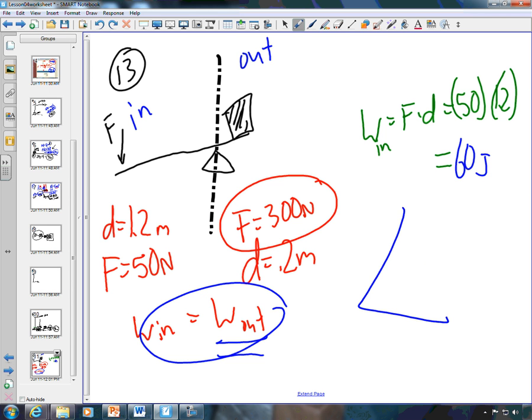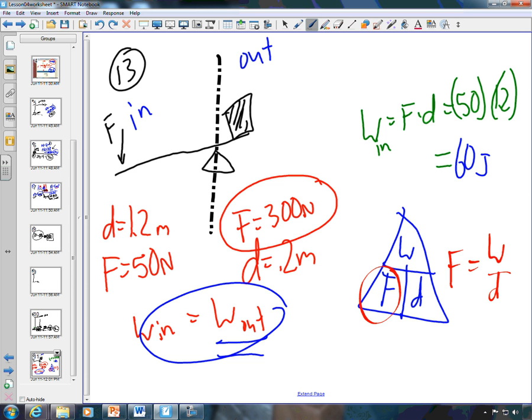So go back to your little triangle for work. I told you could use this a bunch of times. We're trying to find force. Force is work over displacement: 60 joules divided by 0.2 displacement this time. And that does in fact turn out to be 300 newtons.